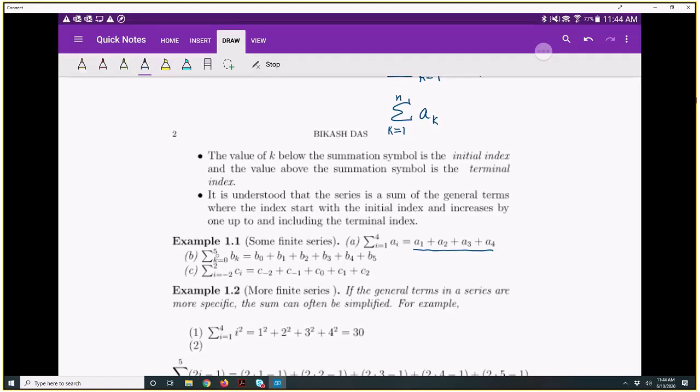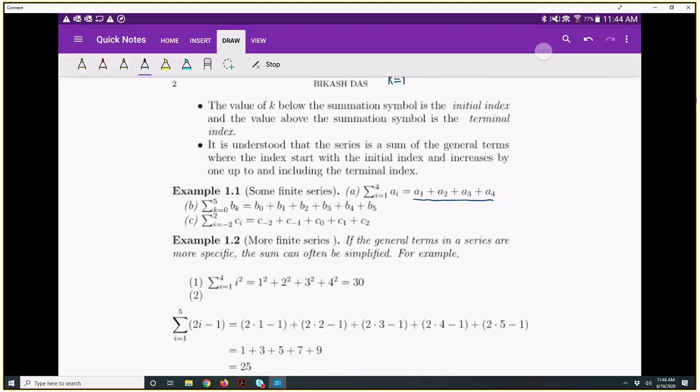In the next example, you have a sum that's indexed by k, and k is from 0 to 5, and the general term is b sub k, so this will be b sub 0 plus b sub 1 plus b sub 2 plus b sub 3 plus b sub 4 plus b sub 5, and stop. And you could also have your index starting someplace other than 0 or 1. It could start at a negative number, as you see in the third example.